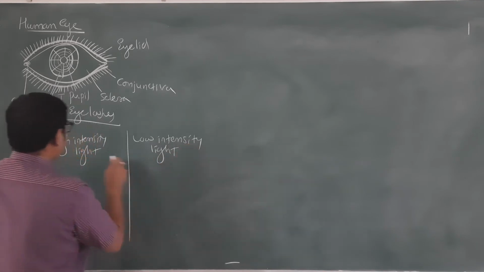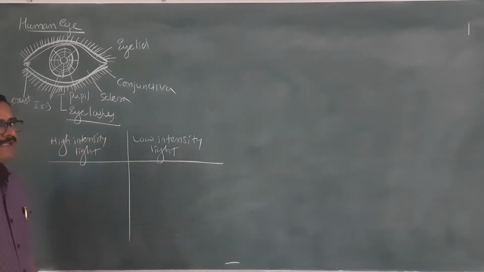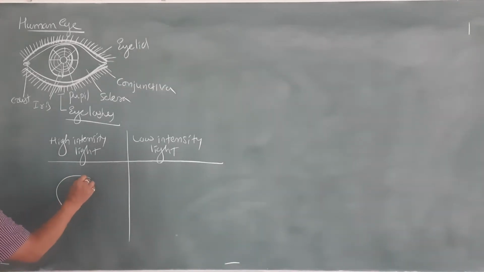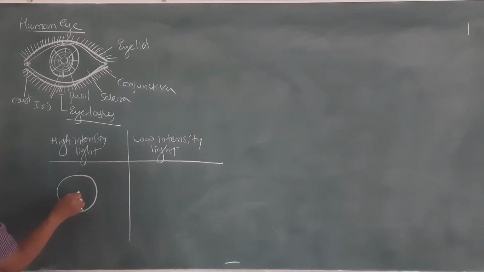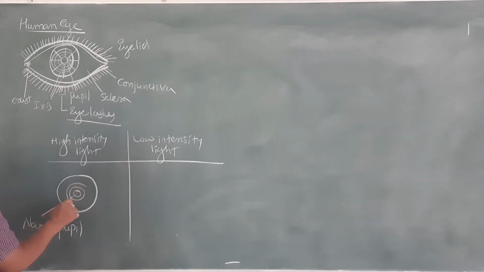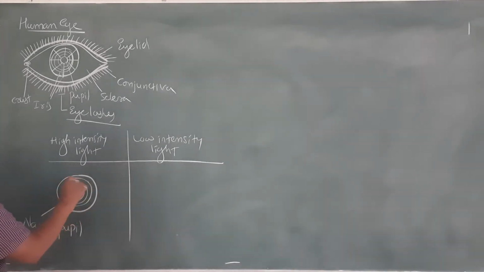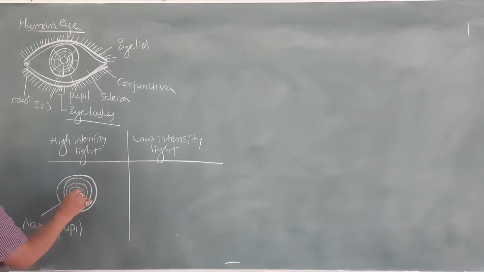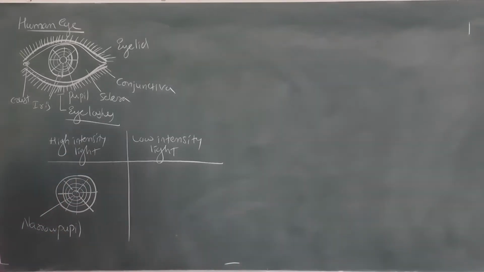In both cases, the structure of the pupil matters. In high intensity light, the pupil becomes very small and narrow. How is it possible? There are circular muscles, and the circular muscles contract while the longitudinal muscles relax. This is the condition during high intensity light.